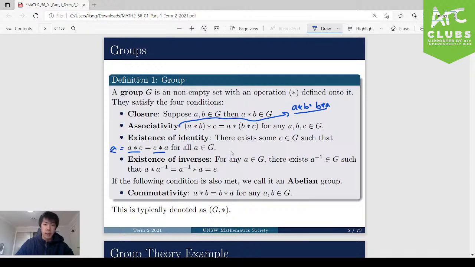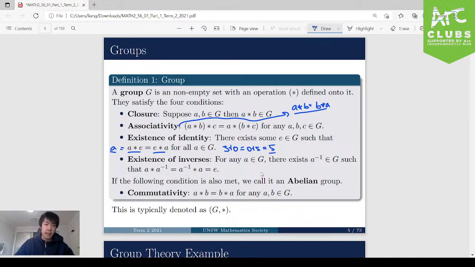So for example, if we're working over normal addition, this element would just be 0, right? Because if you have 5 plus 0, that's equal to 0 plus 5, that's equal to 5, right? Like the 0 here just brings you back to the same element as before.